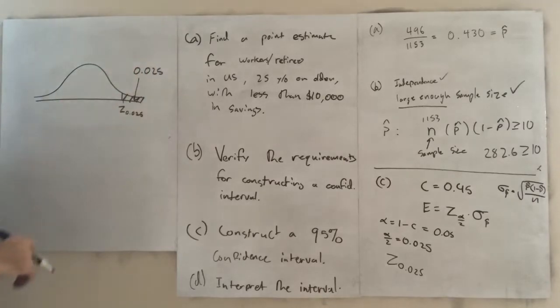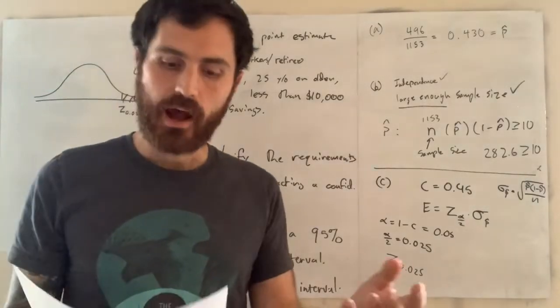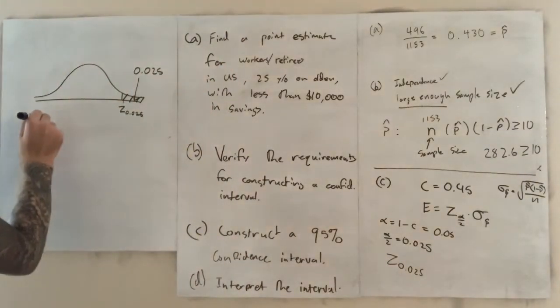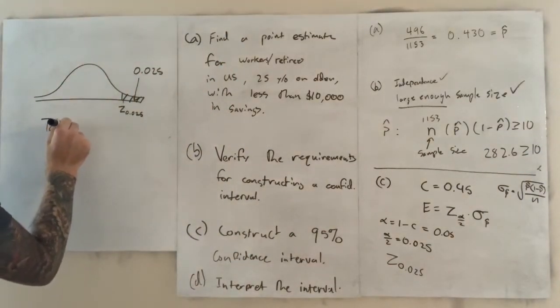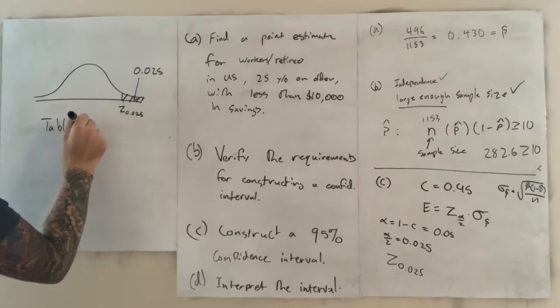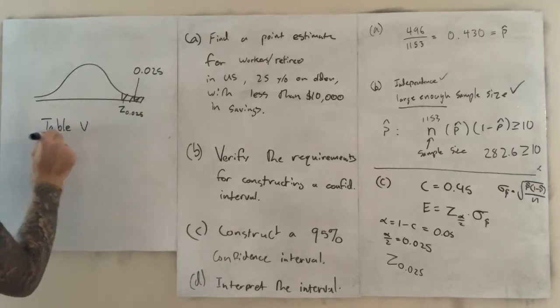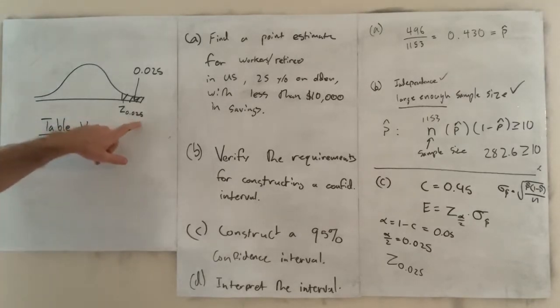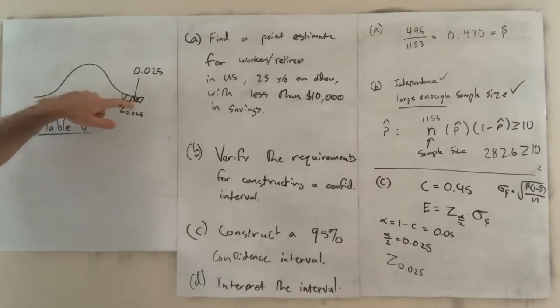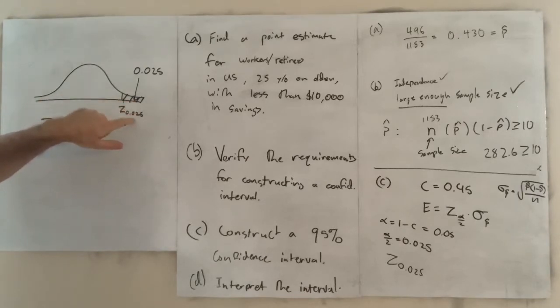This is the area. So now we have to look up on table 5 for critical values where the area is equal to 0.025.